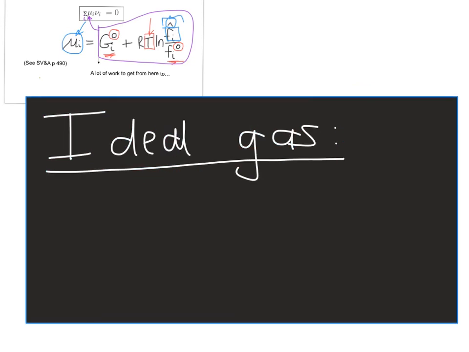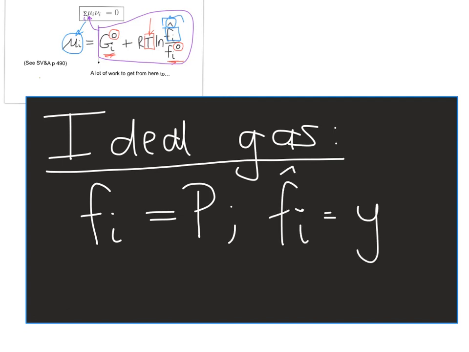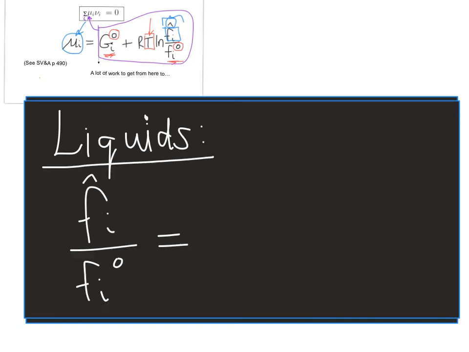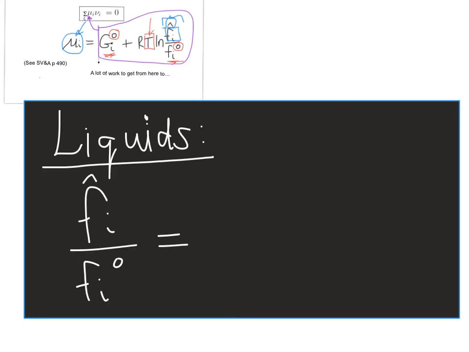So what you should realize is that for an ideal gas, the fugacity of the pure component is simply equal to the pressure, and its fugacity in the mixture is simply equal to its partial pressure. We make the same analogy for liquids.